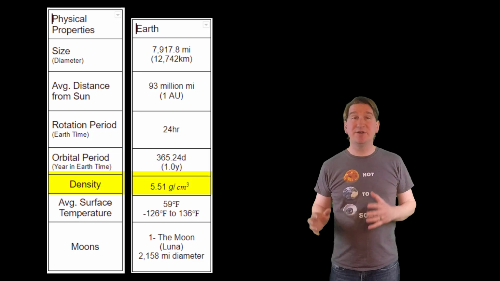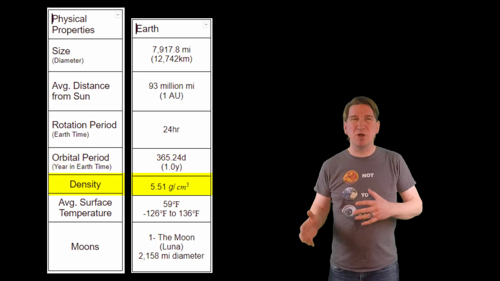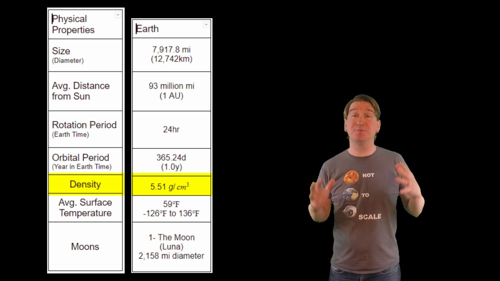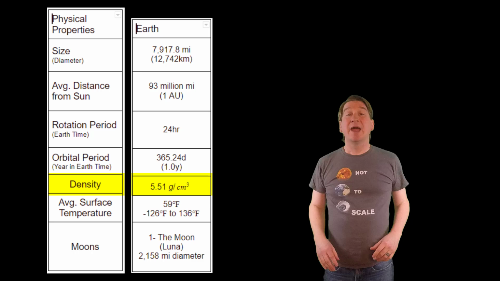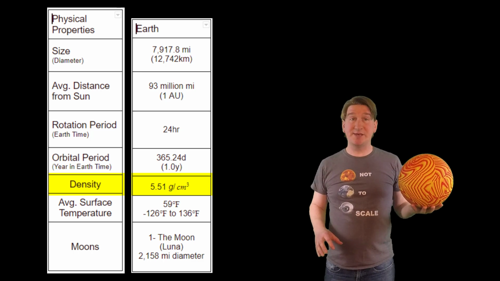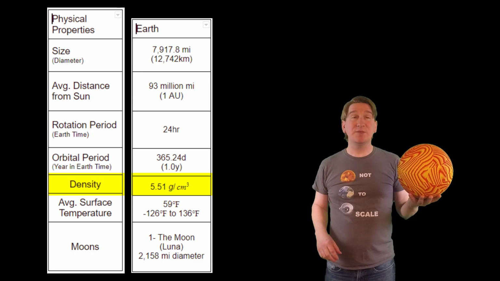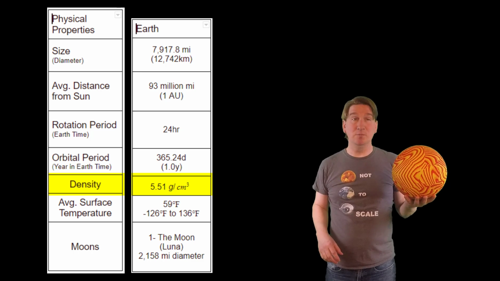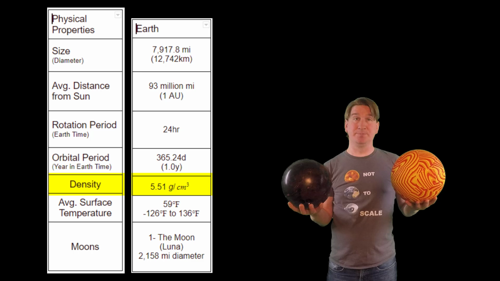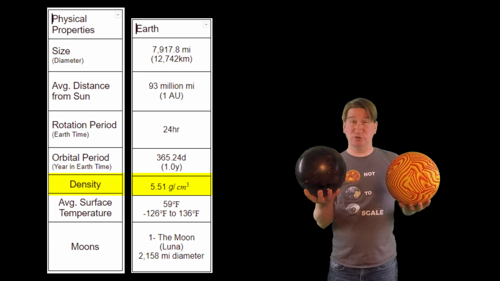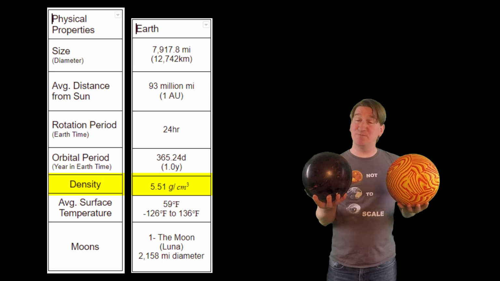The density of an object is a measure of how much mass, or stuff, is packed into a given volume or space. As an example, this kickball that we used as a model of the Sun is just about the same size or volume as this bowling ball. But the bowling ball has much more mass or stuff packed into that same volume.